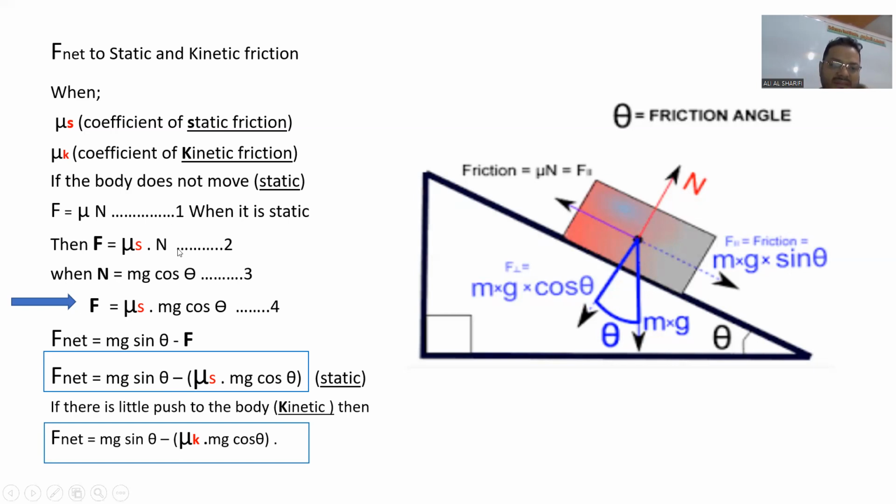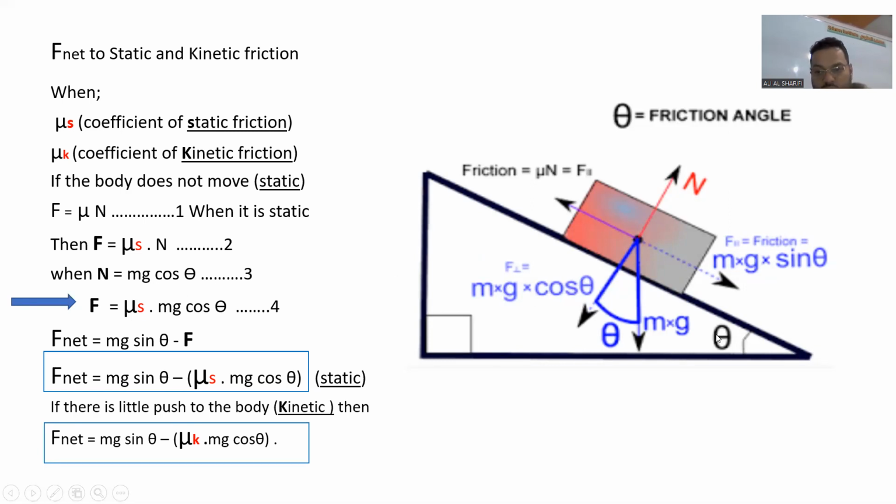Here, N will not equal mass multiplied by acceleration anymore. The situation here is different. N will equal this specific amount, I mean mg cosine theta, not just mg.